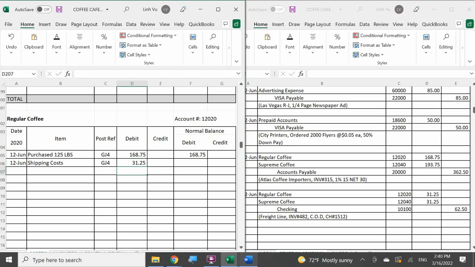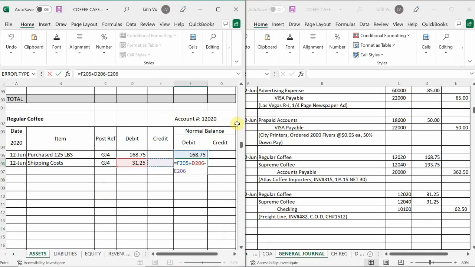So I need to do my account balance in my regular coffee account. Again, I'm on the debit side. I need to go to the previous amount, add any debit, in this case $31.25, and subtract any credits, which is the blank box on the left.